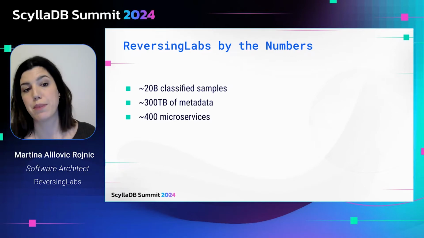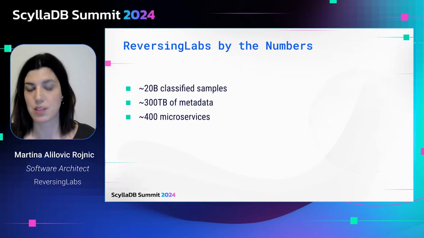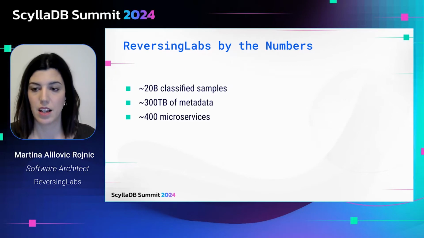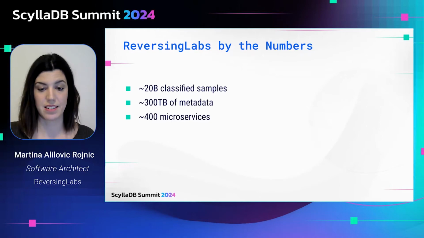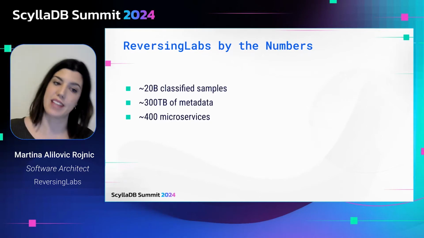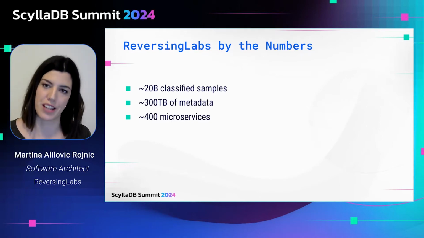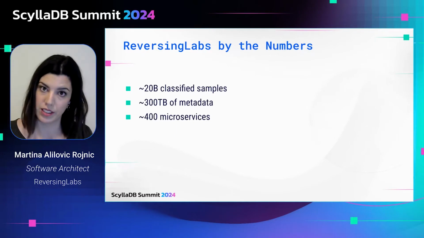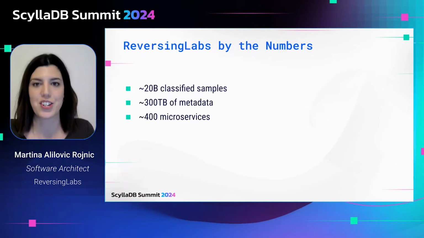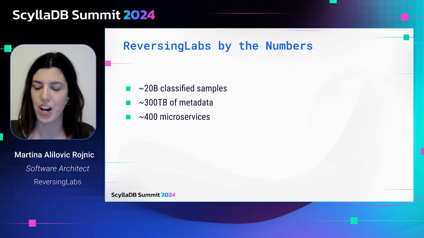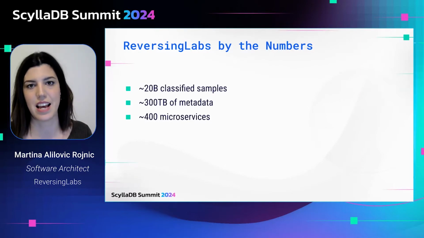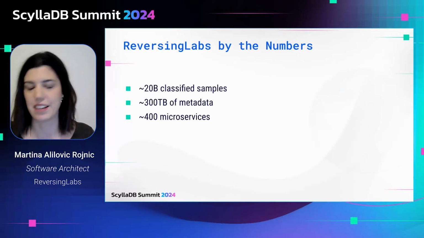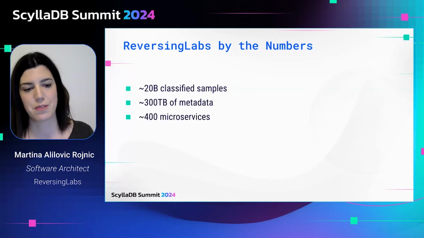Around 300 terabytes of metadata, that is the data about the samples, the files in our collection, mostly malware samples. Because we are a security company, our job is to classify these samples and notify if something is odd or malicious.